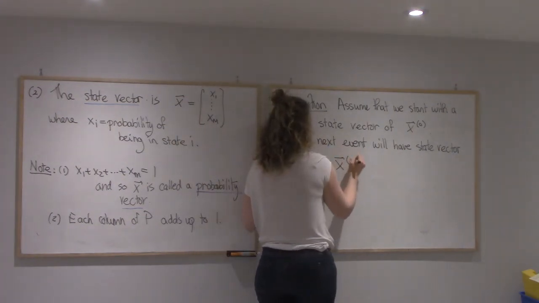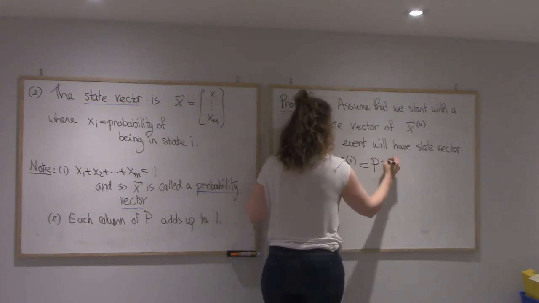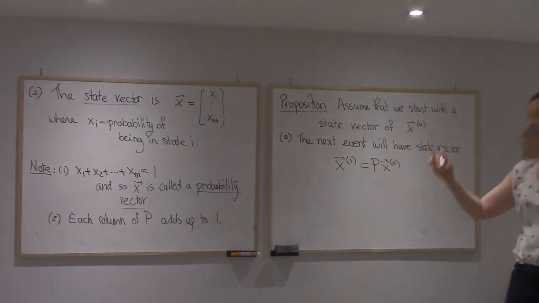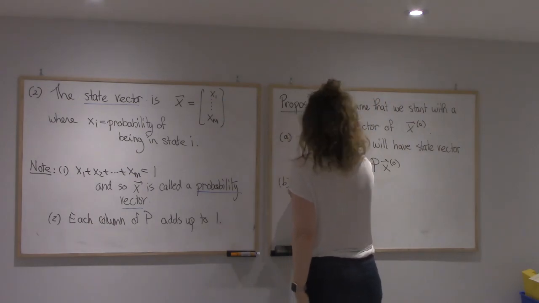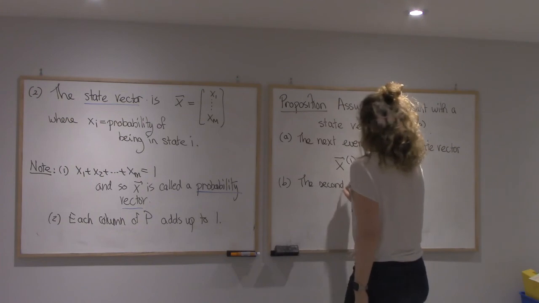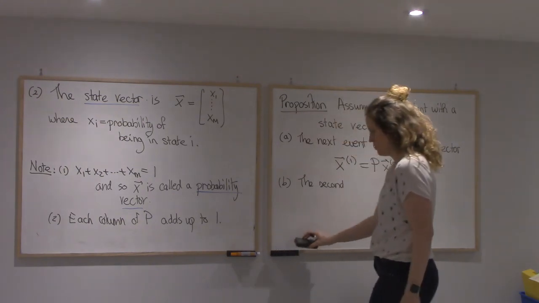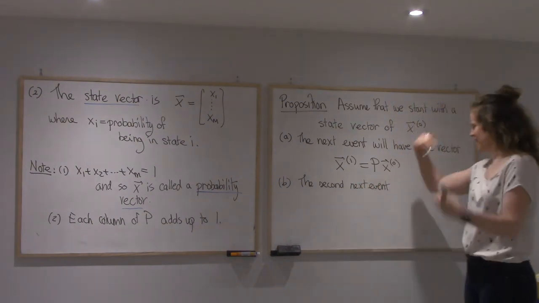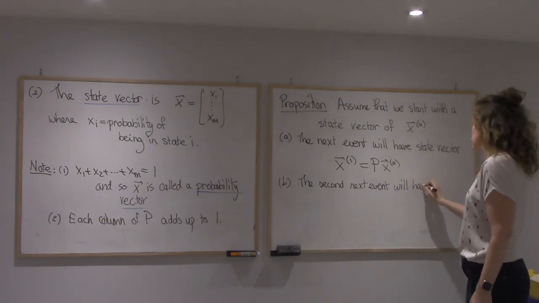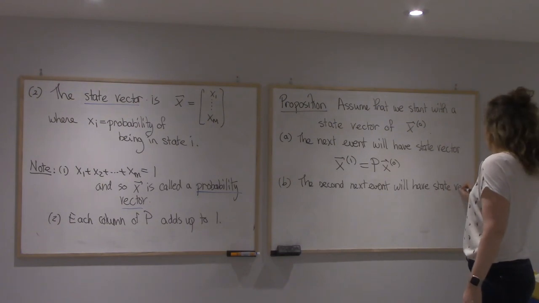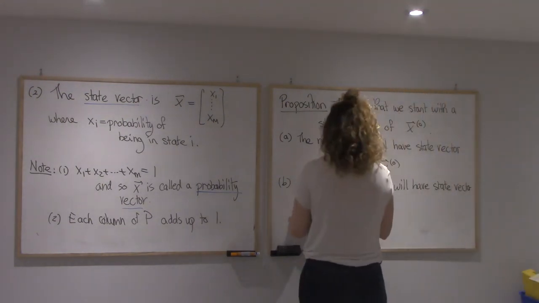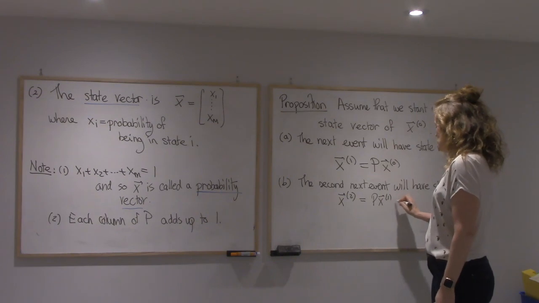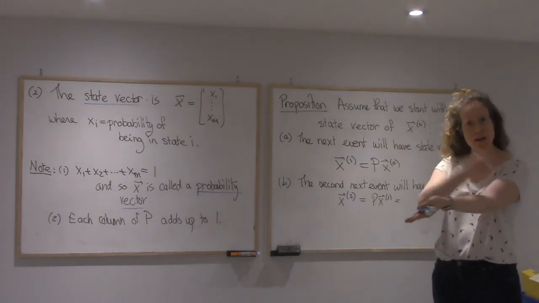We can compute its state vector x1 by multiplying by P. And then the one after that, the phrasing is a bit strange, the event after that will have state vector, well, it will be P of x1 because it only depends on the state that you're in right before.